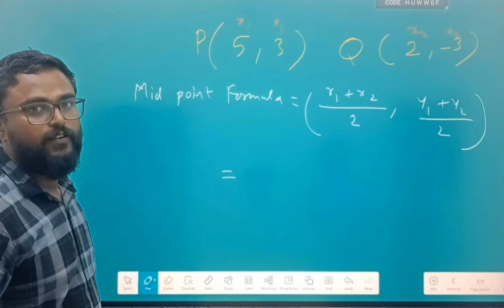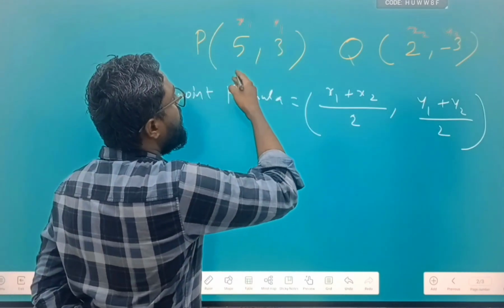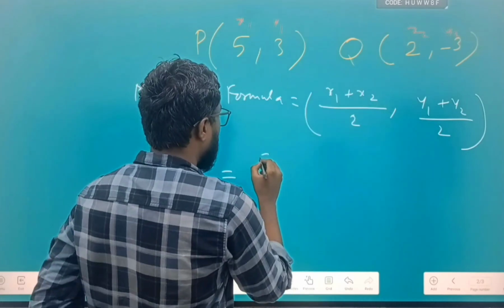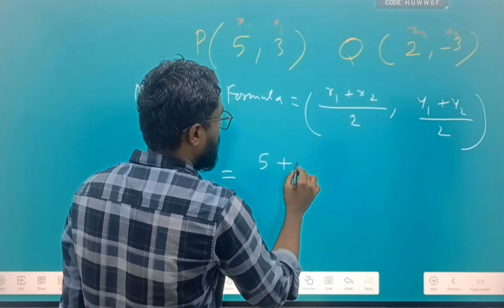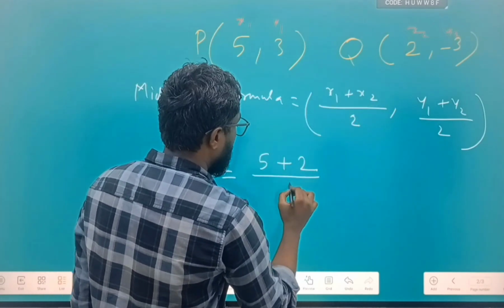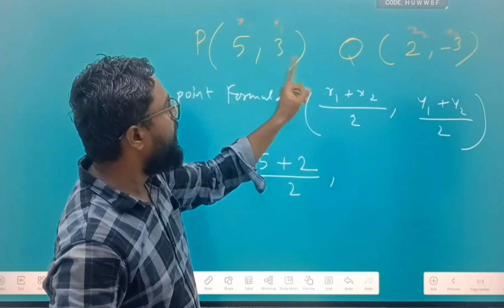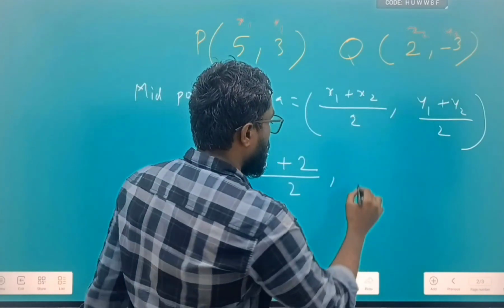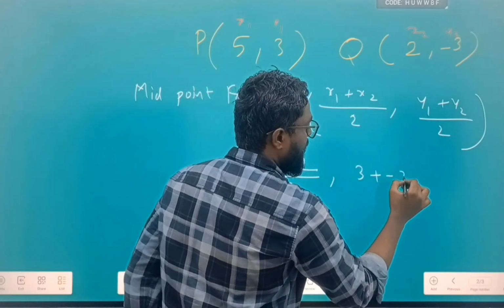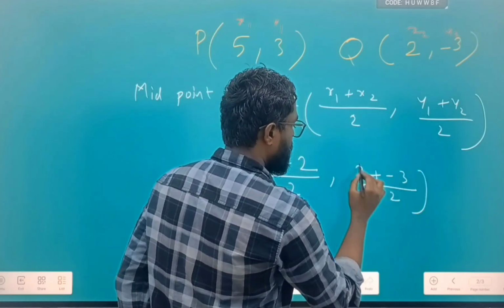Let's substitute it now. The midpoint will be given by the addition of x1 and x2, which is 5 plus 2 over 2, comma, 3, which is y1, and negative 3, which is y2. So 3 plus negative 3 over 2.